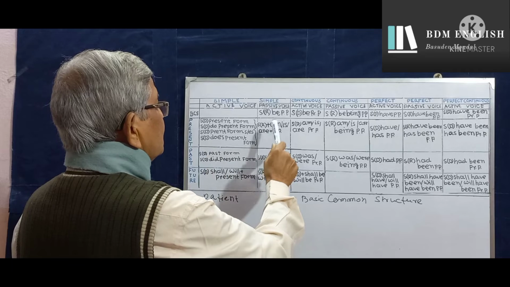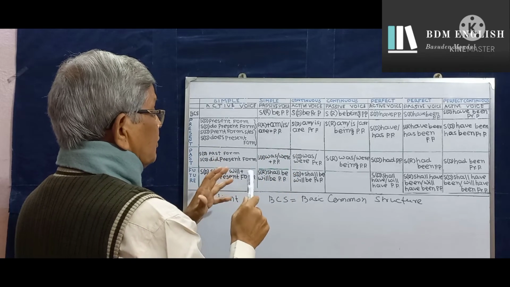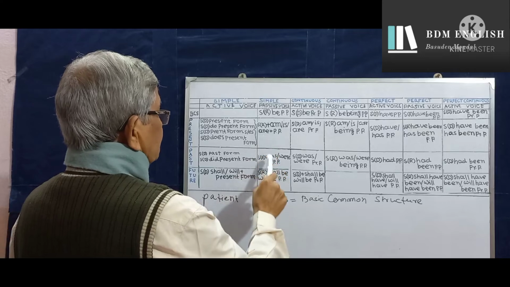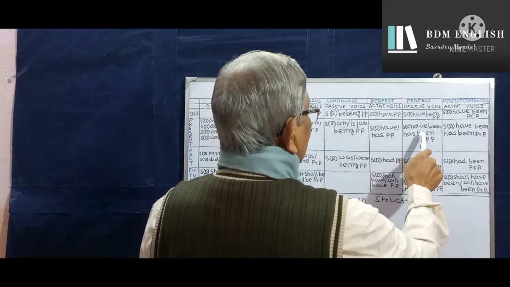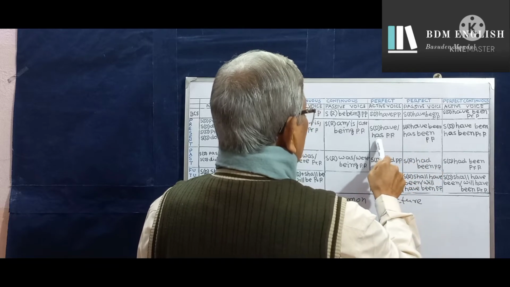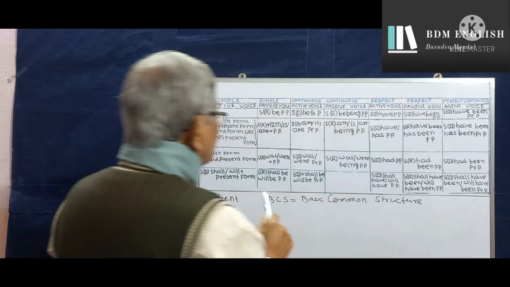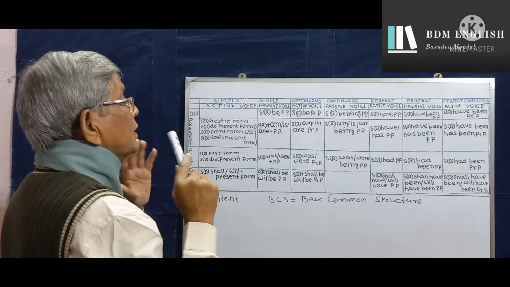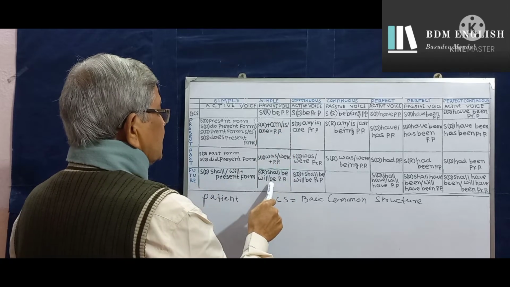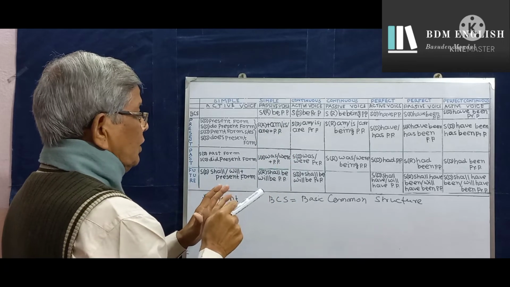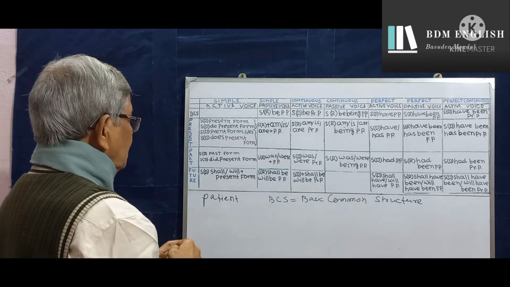Only the helping verb takes its own different forms in present and past time. Have takes the forms have and has in the present, had in the past. And in the future, we cannot change the form. It remains as it is. Simply we add shall or will to it to use it in the future time.